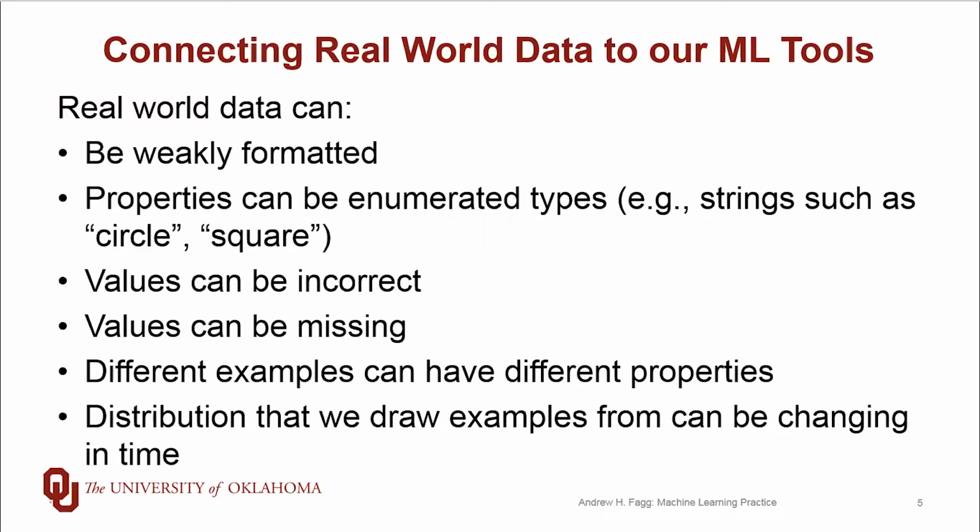We could have enumerated types. For example, we might have a feature that represents the shape of something that we're detecting, and possible values are things like circles, squares or rectangles. We need some way of transforming these enumerated values into the numerical world so that many of our machine learning tools can make use of them.